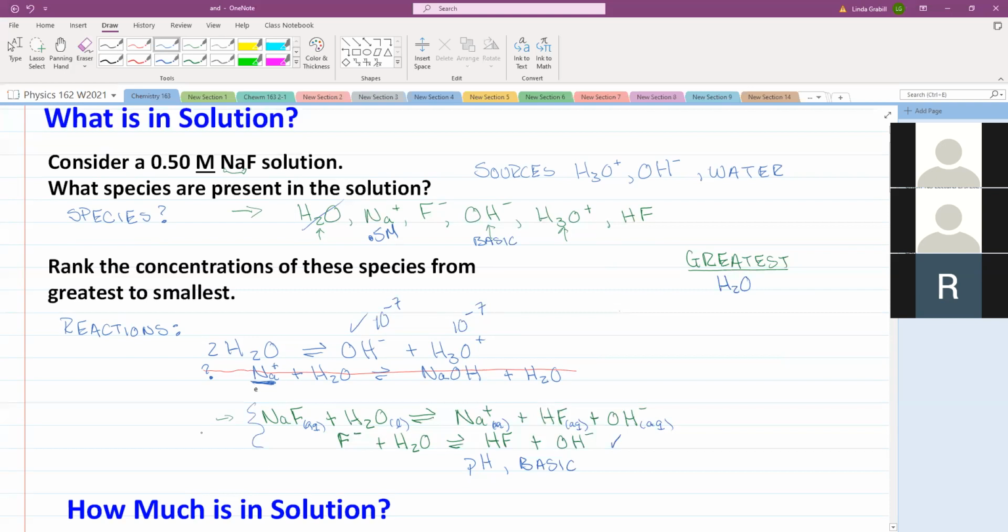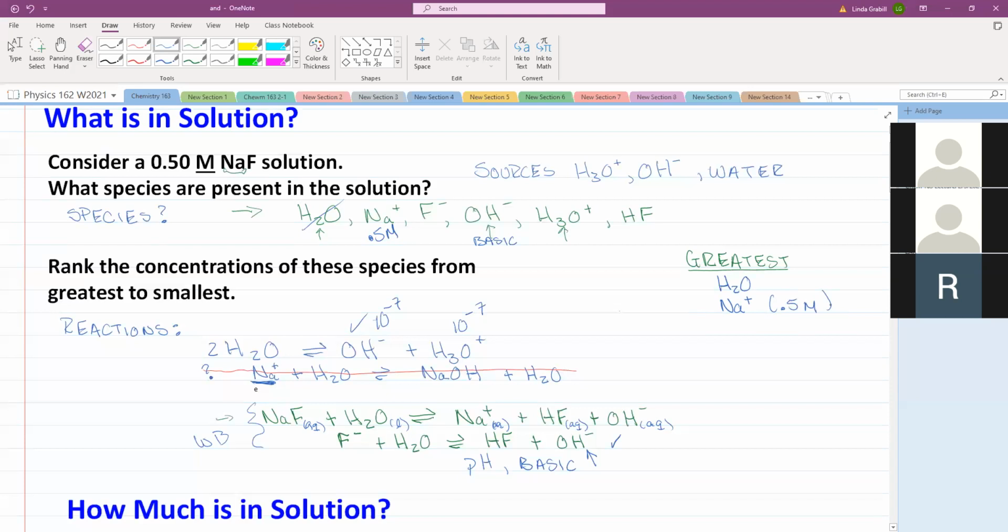And I know that this is a weak base. So if it's a weak base, then it's not going to be contributing all that much hydroxide. It is going to change the pH, but it's not going to be a huge amount. That means that my 0.5 molar Na plus is going to be the next species that's dominant. Does that make sense to everybody? Yeah. Okay. Makes sense to me.